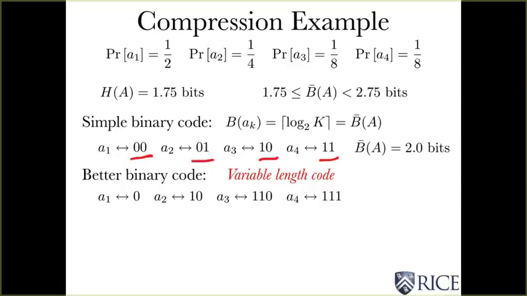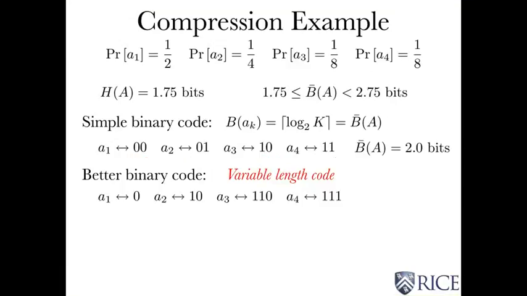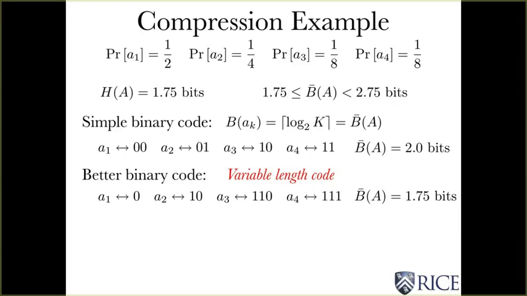Well, if you go through the calculation to figure out what B bar is, guess what? It's 1.75. So this is as good as it gets. You can compress down to the entropy limit, and what you have to do is use a different number of bits for each letter depending on what their probabilities are.